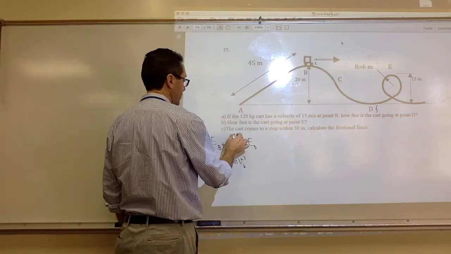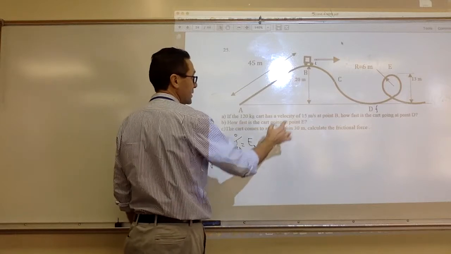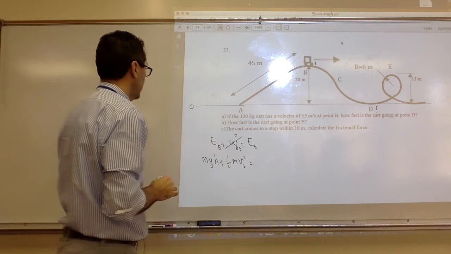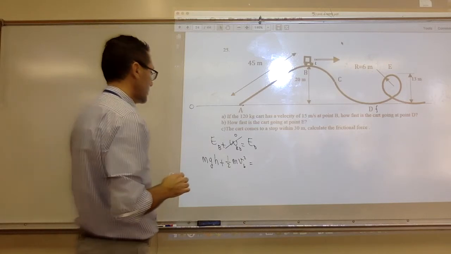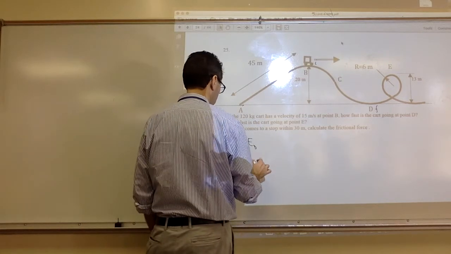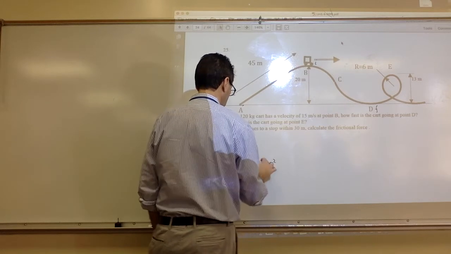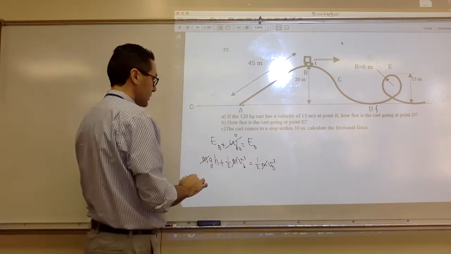There is no work done in between, equals, at the very bottom, if I choose this line as my reference for gravitational potential energy, I only have kinetic energy at the bottom. So it's 1/2 mvd squared. I think we can divide everything by mass.